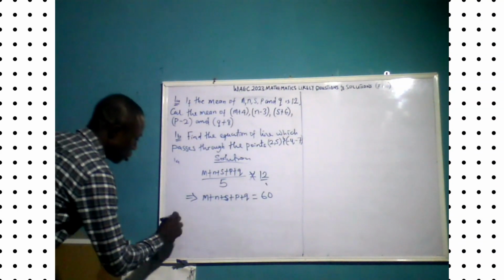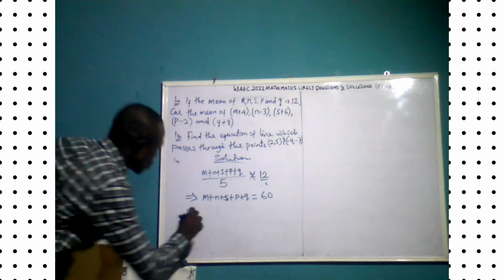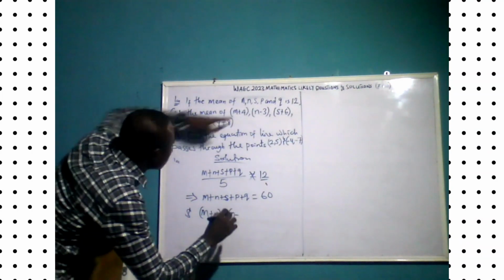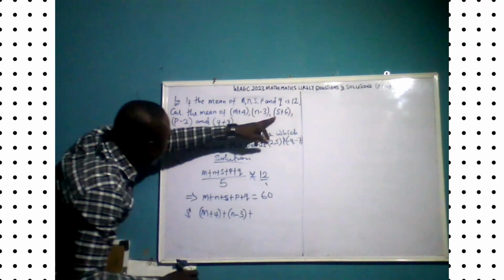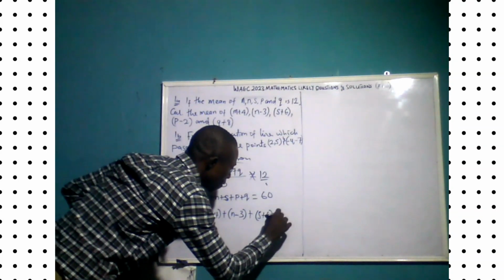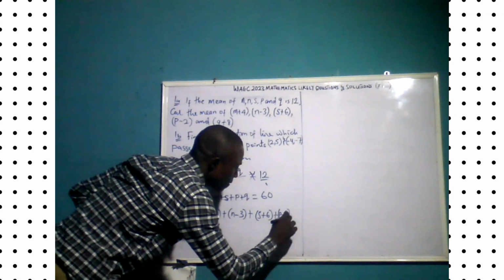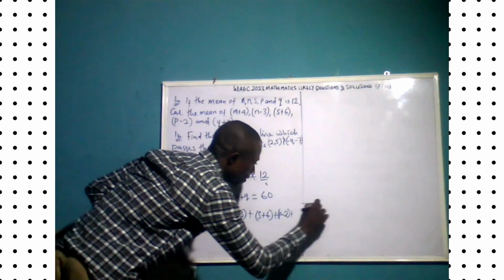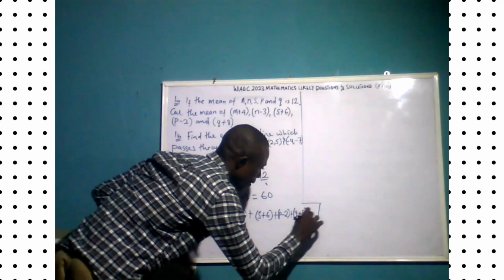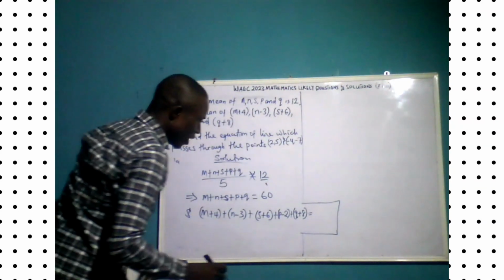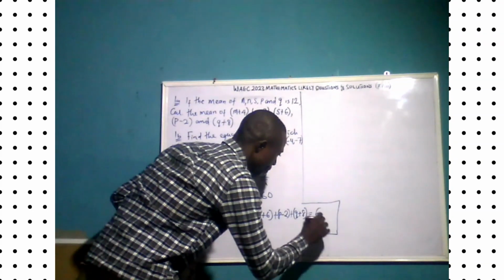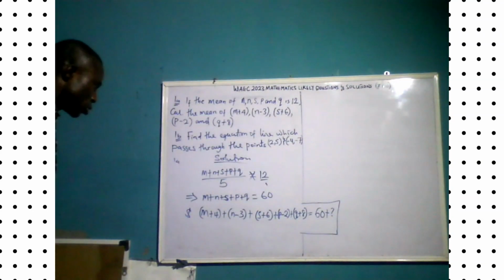We have (m plus 4) plus (n minus 3) plus (s plus 6) plus (p minus 2) plus (q plus 8) equals 60 plus something.